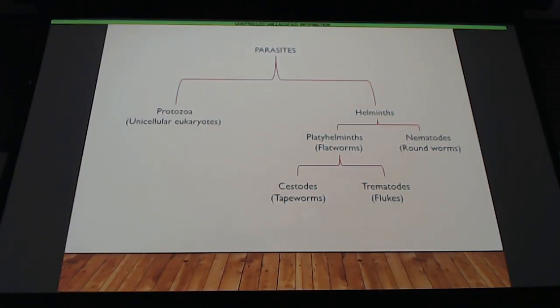As you can see, each one has its own little thing. We're going to start off with the helminths when we start our first little class. It'll be the flatworms, the cestodes and the trematodes, so the tapeworms and flukes. And then we'll talk about the nematodes, which will be the roundworms.